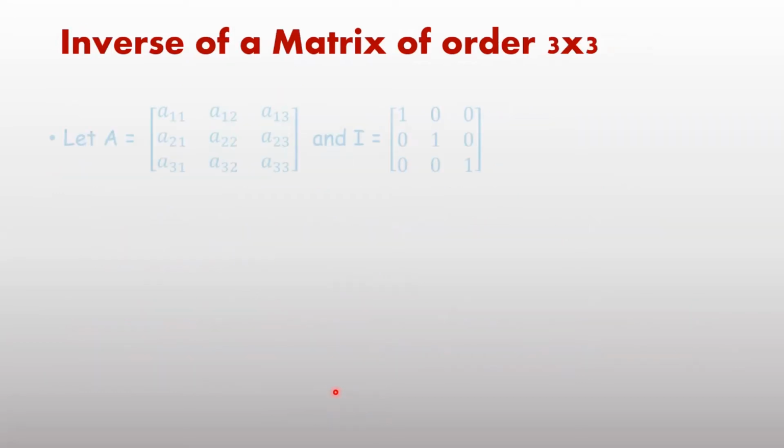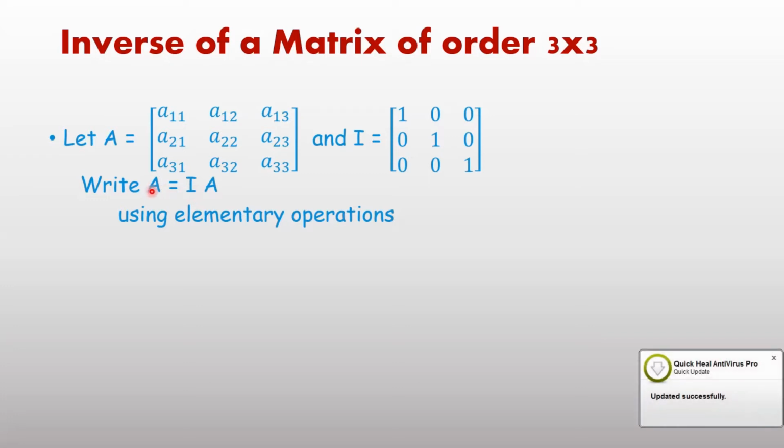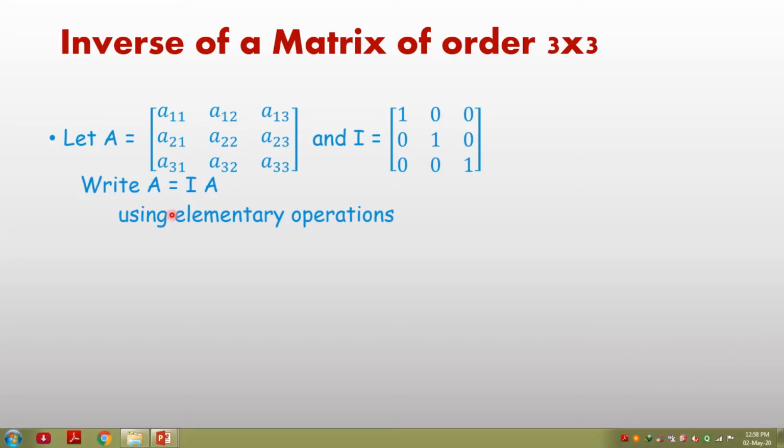Now, let a square matrix be given of order 3 by 3. There are 9 elements. Identity matrix written here. Step first, you write matrix A as I into A. Since I is the multiplicative identity, therefore I into A equal to A. Then use elementary operations.